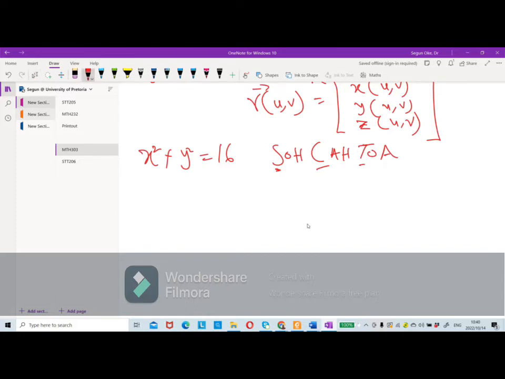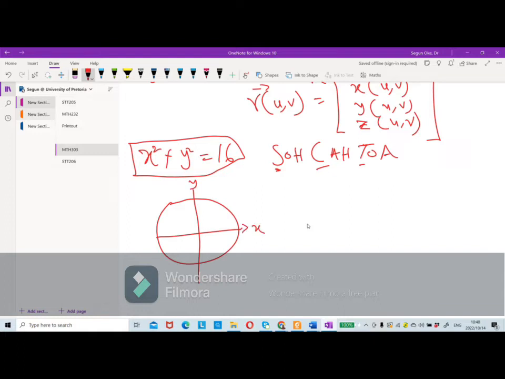Now we have, you said something here. What do you say we should do here? I think it is better we draw the circle. From this diagram, we can easily get our x and y, and the radius of the circle will be 4. So we have our y, we have our x, and we know the radius is what?